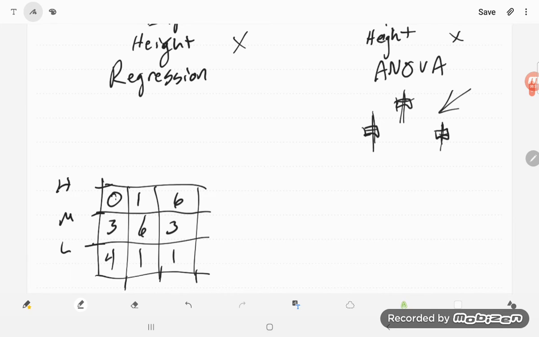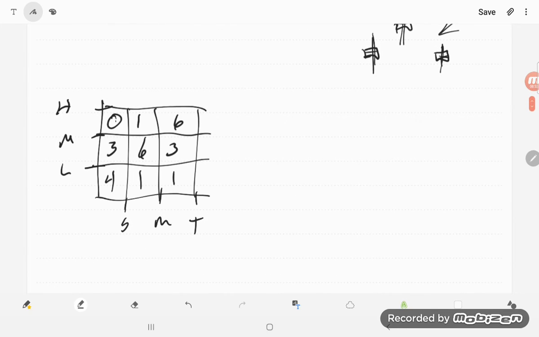Okay, so I count how many points are in each of those, and now I have my contingency table, and I would do a chi-square. And again, I can see within this table, and really these should be moved over, now that I've placed them in there, low, medium, high.